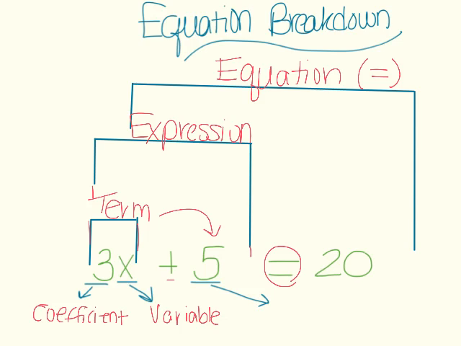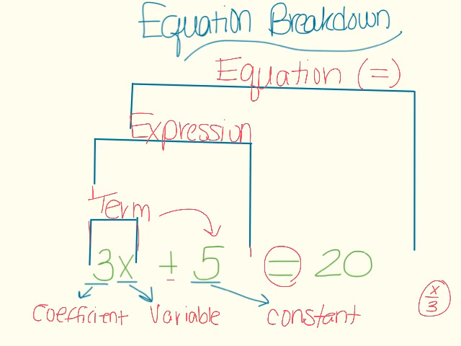You could also have something, I'm going to just put a little over here, like x over 3. Okay, that would also be a term. And then this 5 is called a constant because that 5 stays at 5. 5 is 5 no matter what way you look at it. Over here, this 3 and this x, that variable, that x, it can vary. Whatever x represents can change what this term is equal to, what it represents.